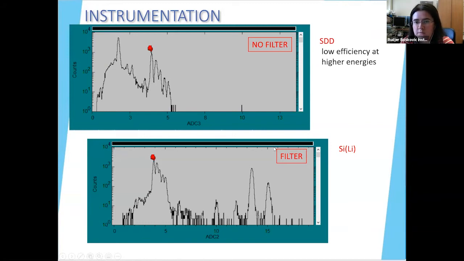But in case you put the filter in front of a silicon lithium detector, which has better efficiency at higher energies, you filter out these lower energy X-rays, which produce a huge signal. And then you're more sensitive for this region where you can see trace elements. For example, here are some trace elements not visible with the SDD detector.